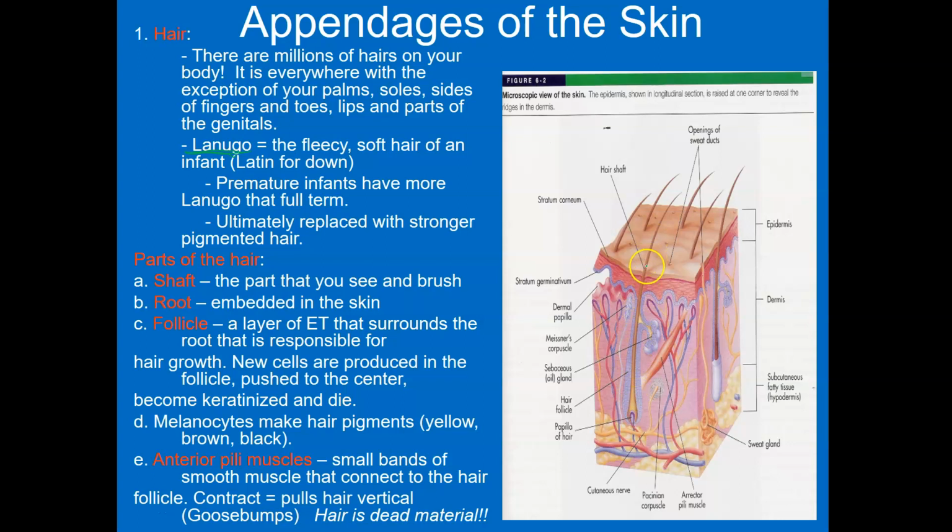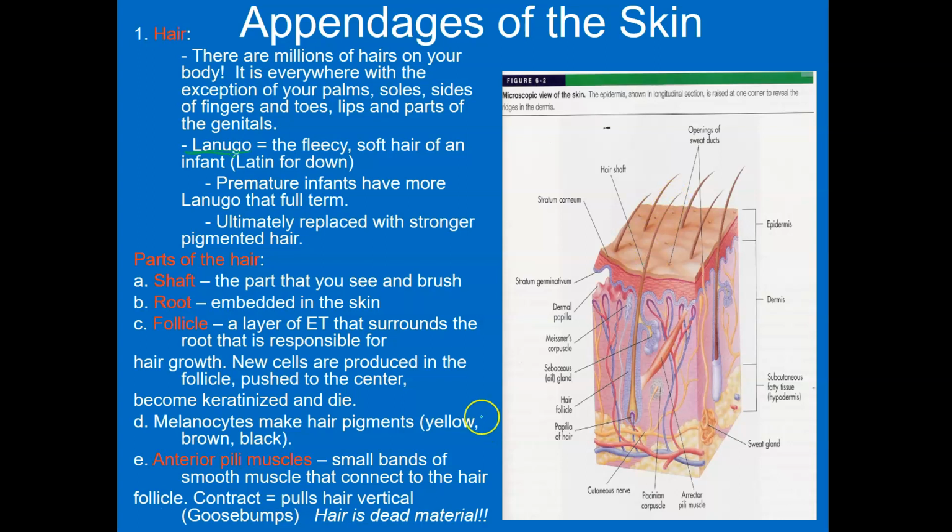So as hair grows out of the hair follicle and becomes a shaft, the hair is actually dead, all right? There's not a lot of DNA inside of the hair shaft. Occasionally you can come across a few cells that might still have DNA in them, but for the most part, these cells are dead and they contain no nucleus.